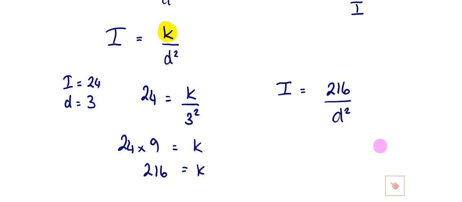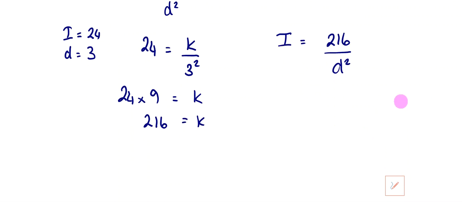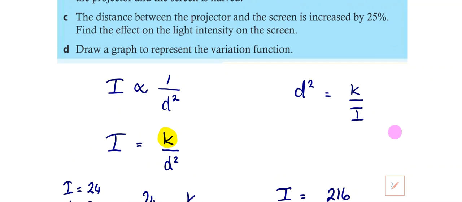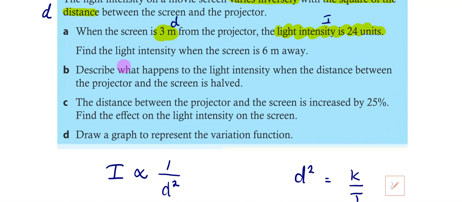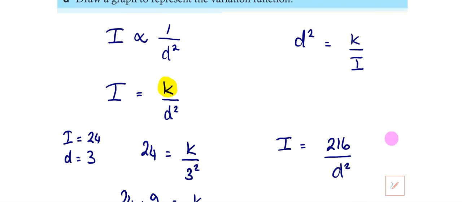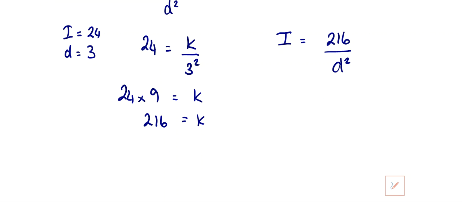Now, you are then given the second part of the question, which says, what happens to the light intensity if the screen is 6 meters away? So we're basically being now asked I equals what when D equals 6.